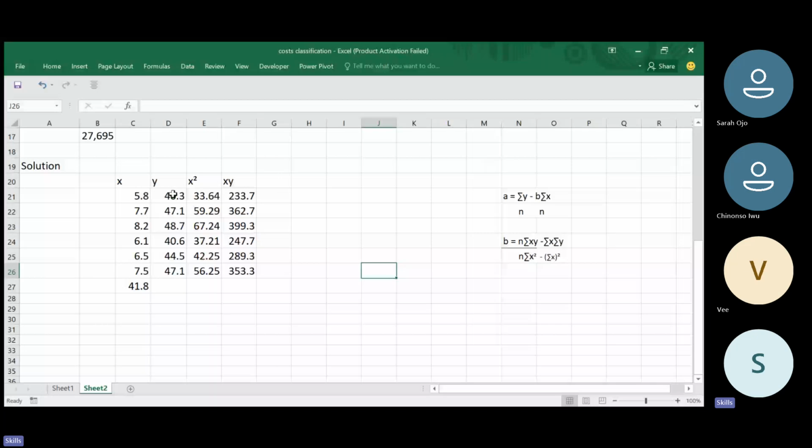You also sum the column for y. You also sum for x squared. You sum for xy.